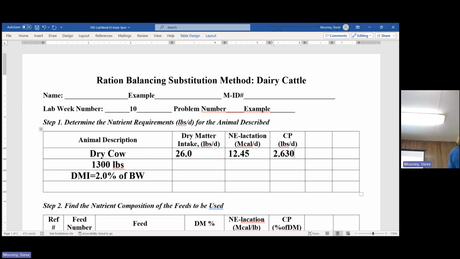As a general rule, this seems to work out okay. I will carry dry matter intake to 1 decimal place. For energy, whatever I'm using, NEL, 2 decimal places.